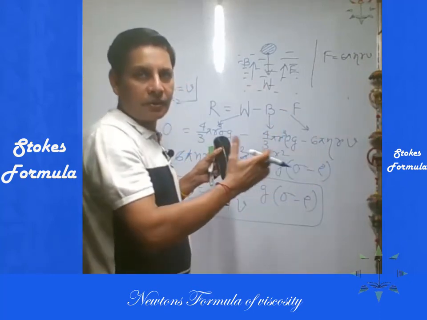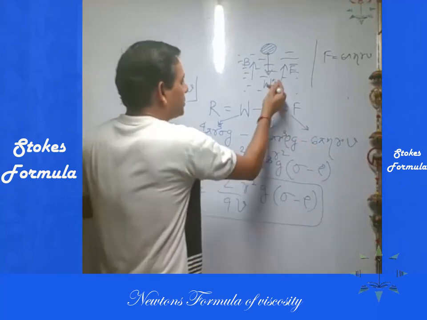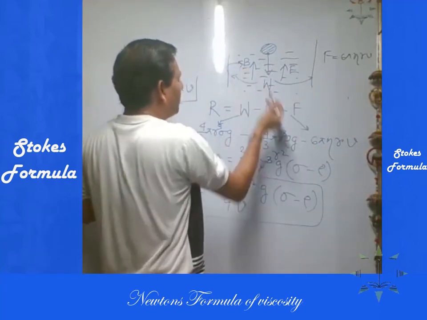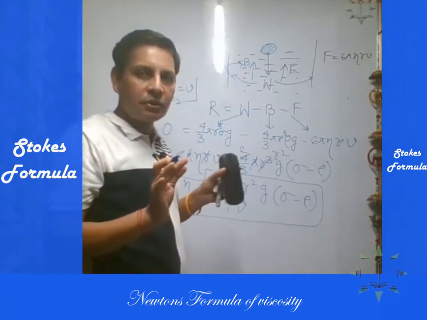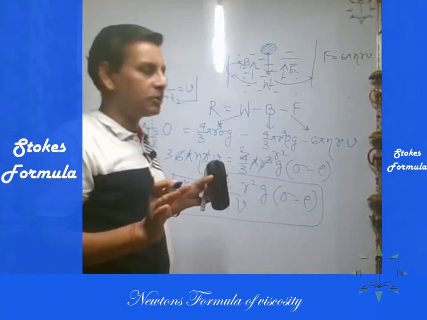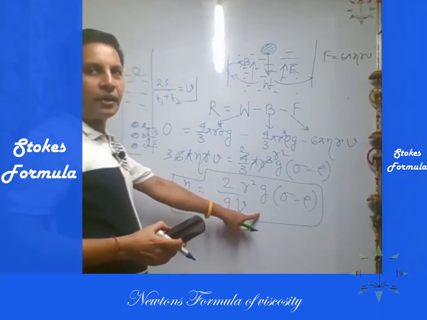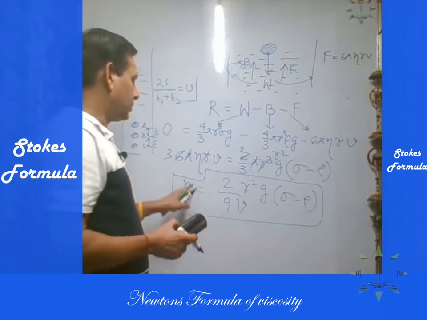The liquid will be displaced, collide with the wall of the container and come back, and there will be turbulence. These things are not considered, so a little bit of formula correction is required.